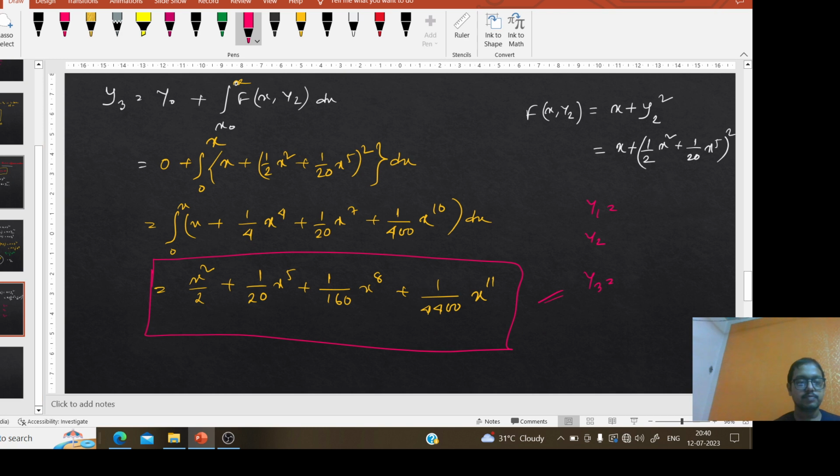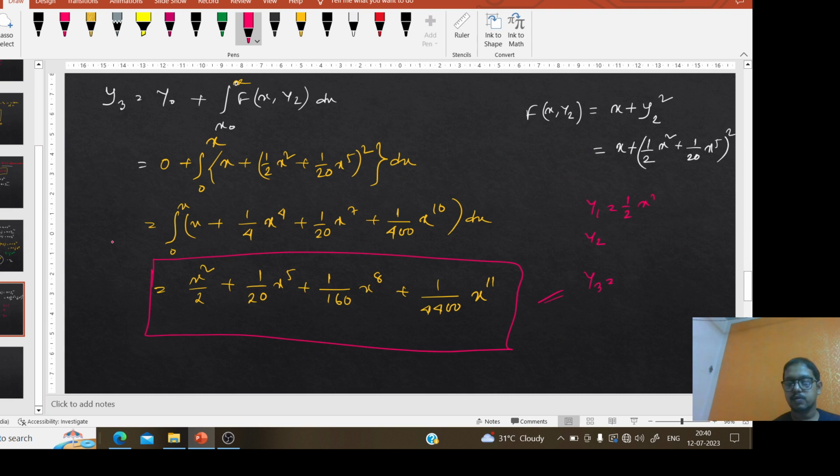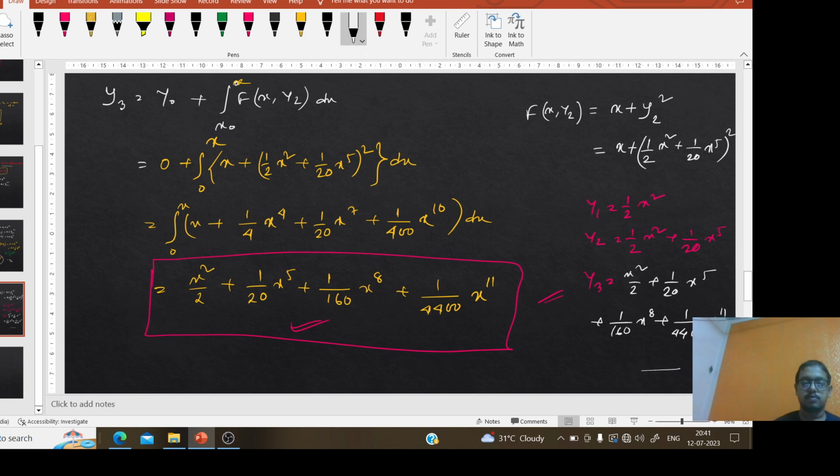Y1 you get half x square, y2 is half x square plus 1 by 20 x to the power 5, and y3 you get x square by 2 plus 1 by 20 x to the power 5 plus 1 by 60 x to the power 8 plus 1 by 4400 x to the power 11. So hopefully this is clear to you, how you can solve this one.